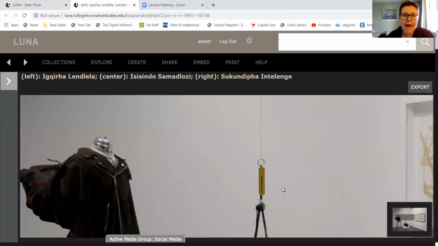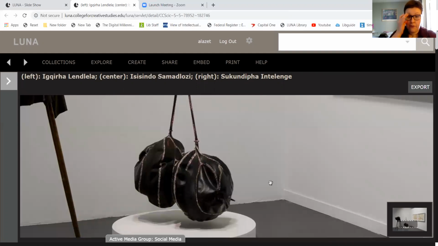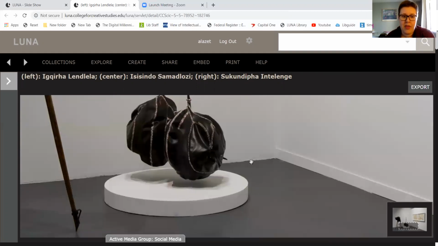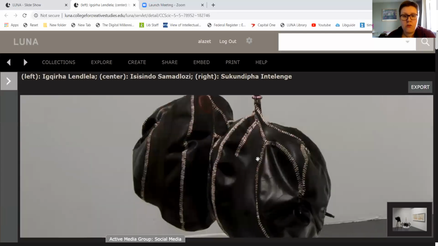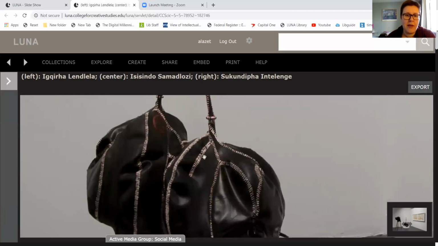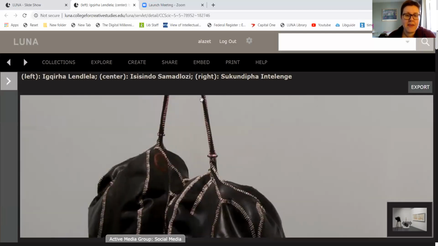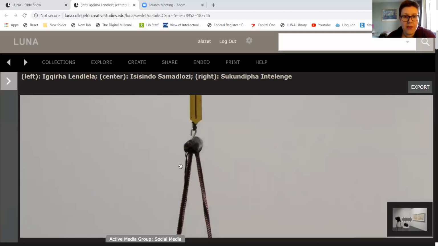Okay, we'll just be looking at the centerpiece here. We have these balls, these circles that seem to be made of something like leather or rubber, and they have this very prominent pink, looks like it could be a zipper or a seam. They are somewhat uneven, a little lopsided, a little lumpy, and then they have these tendrils that connect up at the top here to something that is oblong.